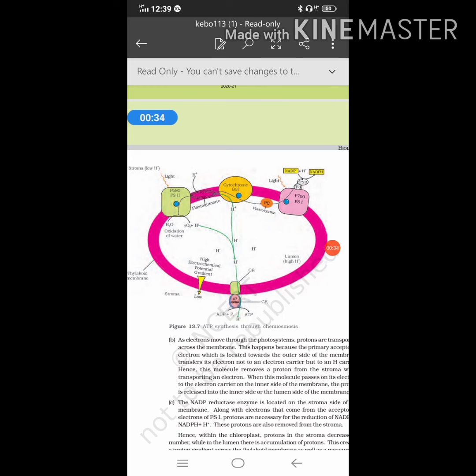Then the second one: you can see cytochrome b6f, and also plastoquinone and plastocyanin. These three are present in the electron transport system. Through these molecules, the electron is traveling and entering where?